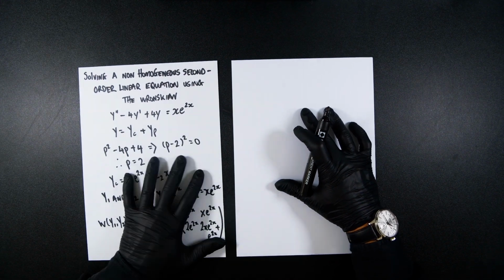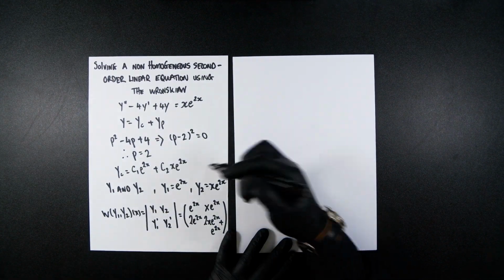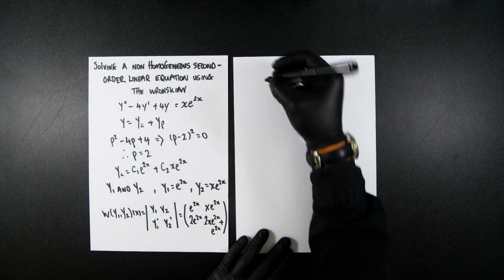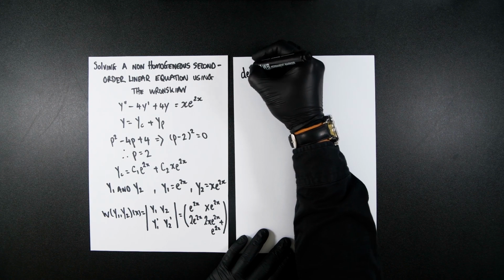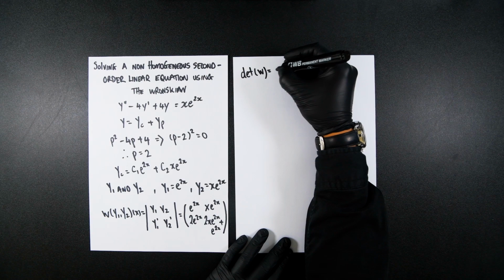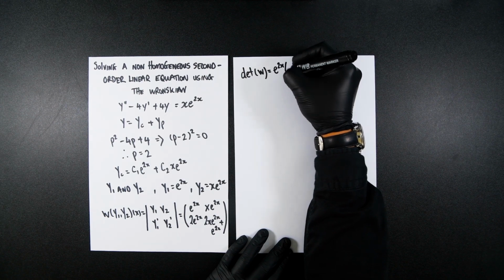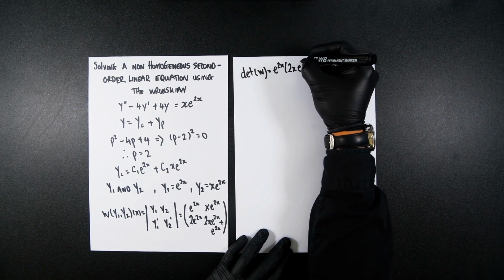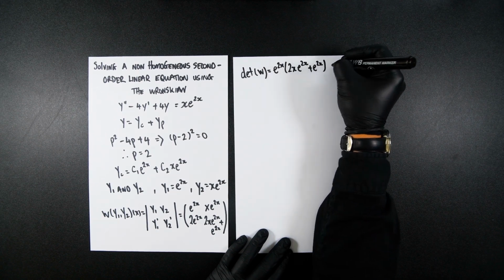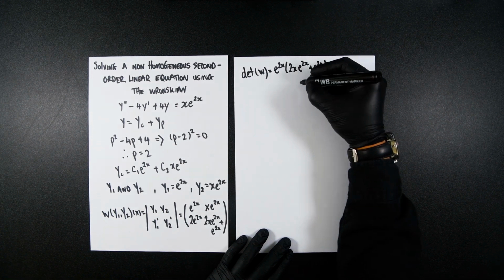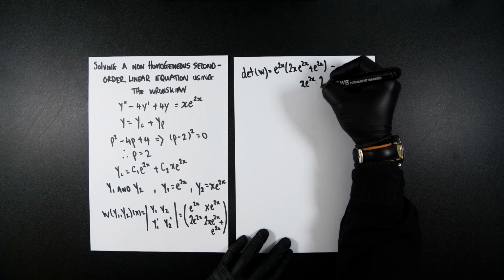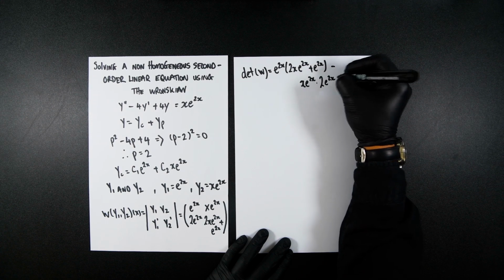Calculating the determinant of a 2 by 2 matrix is quite simple. You multiply this by this minus this times this. So we're going to have the determinant of W, which is e to the 2x times (2x e to the 2x plus e to the 2x), and now we're going to minus that from x e to the 2x multiplied by 2e to the 2x.